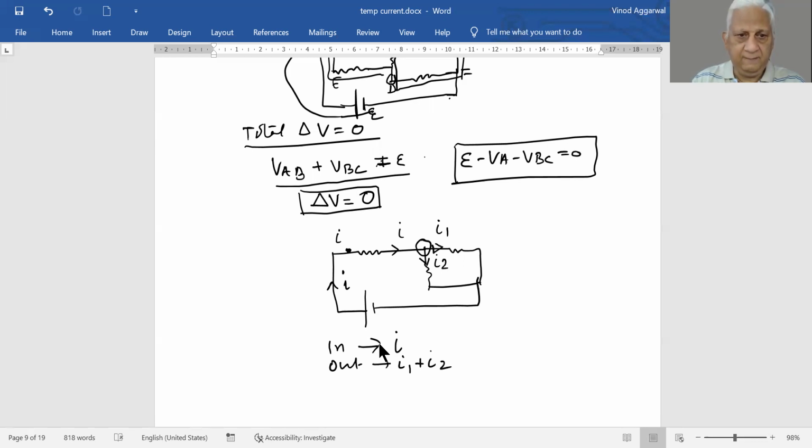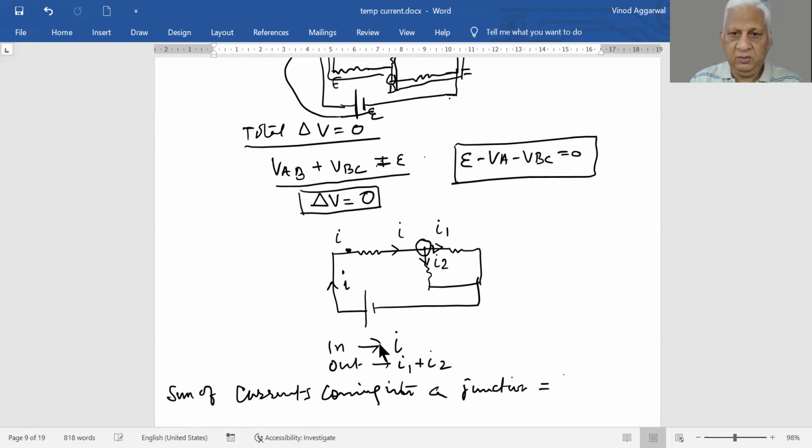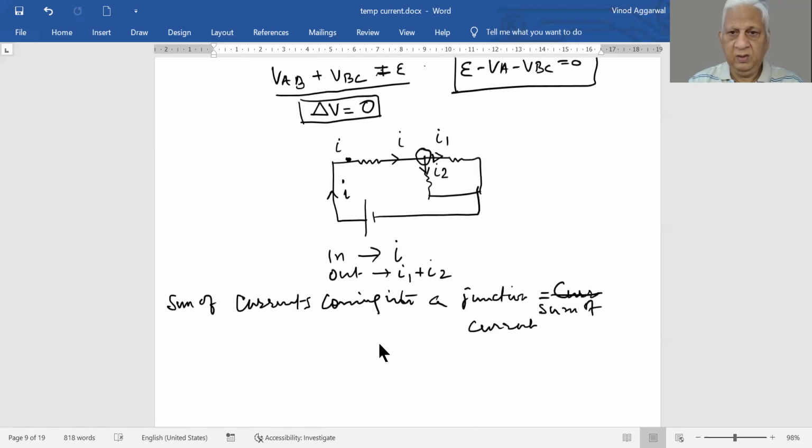Kirchhoff's law says that the sum of current coming into a junction is equal to the sum of current going out of that junction.